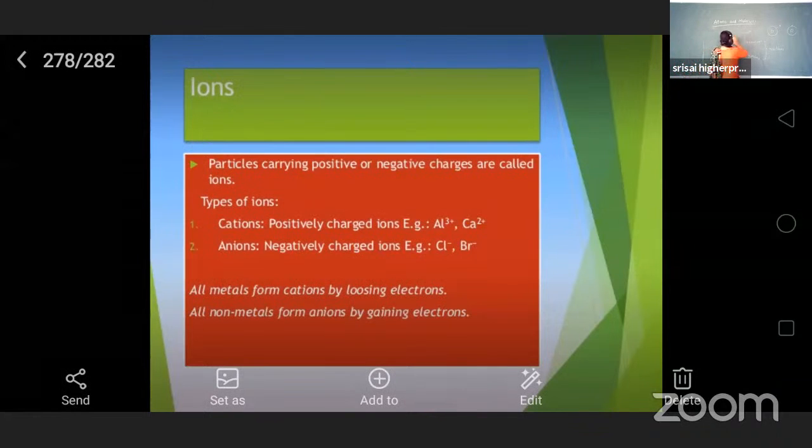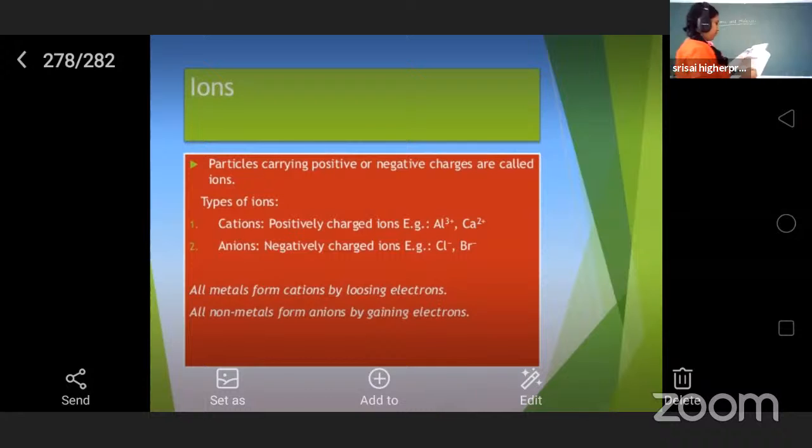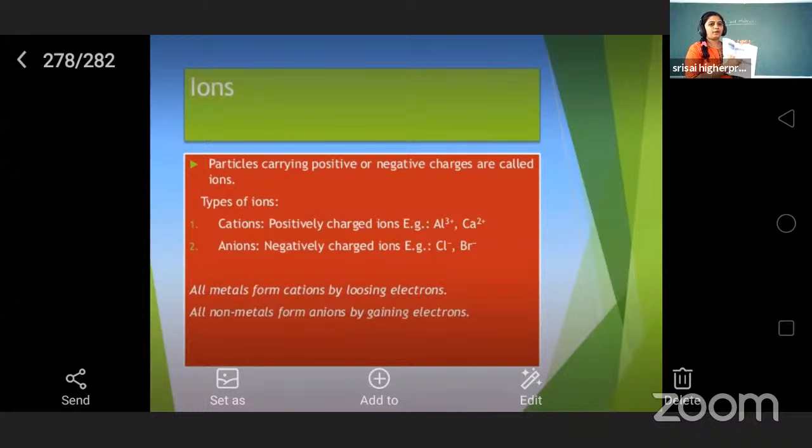Come to the textbook, students. There is a table of metals and non-metals. Table 3.6 gives names and symbols of some ions. You can see the name of the ion and the symbol given. Here you can see the positive ions, which means cations.